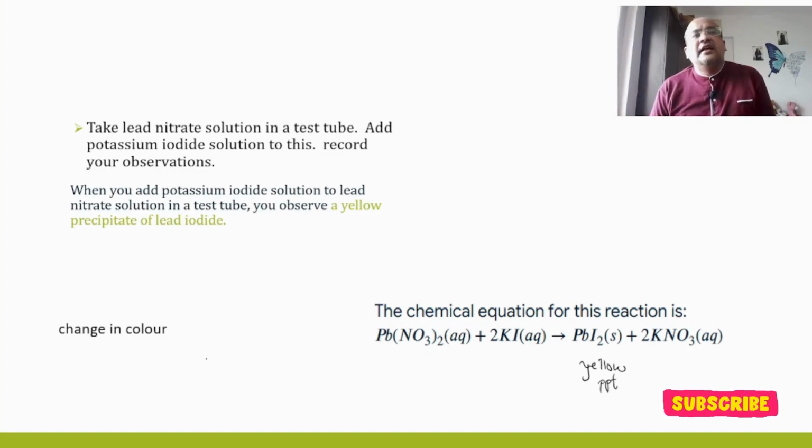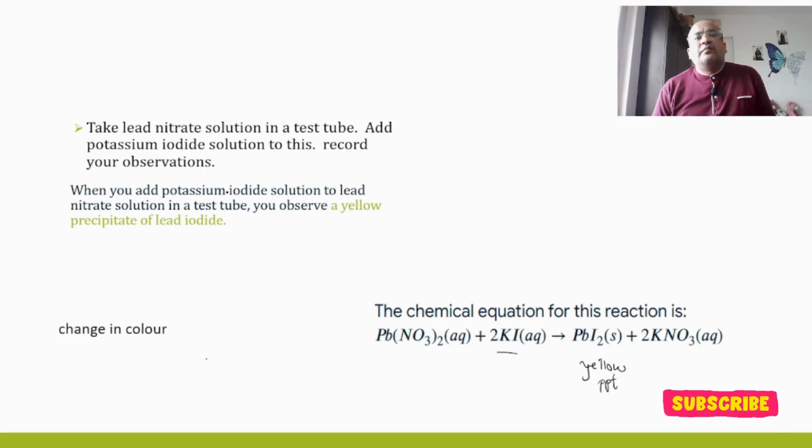Let's take lead nitrate solution in a test tube. What we need to do is add potassium iodide to this, right? Lead nitrate you have taken and you have taken potassium iodide. What is the observation?